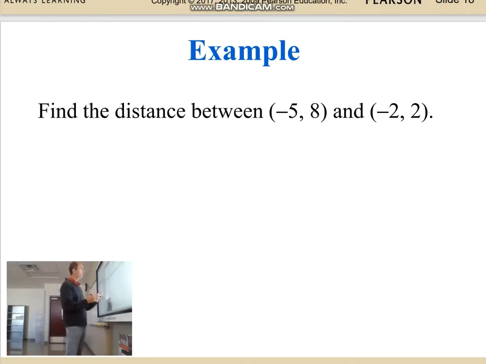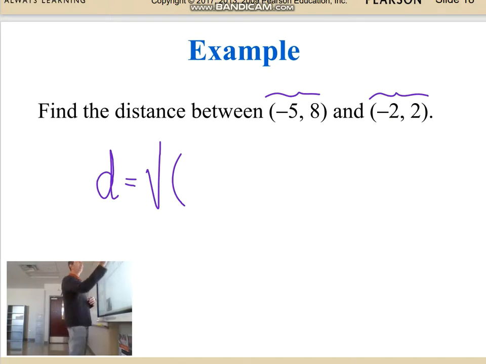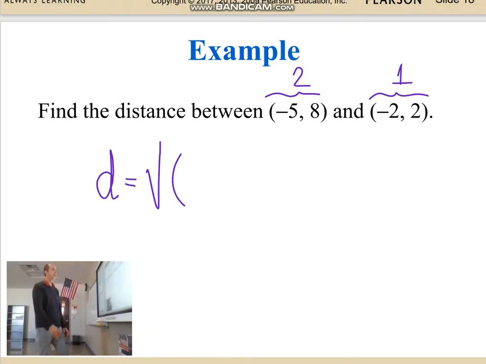Find the distance between the 2 points, x equals -5 and y equals 8, to the other point, x equals -2, y equals 2. You can say this is point 2 and this is point 1, doesn't matter, it can be either way.